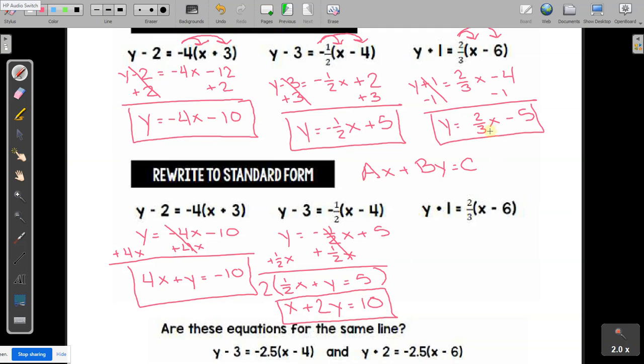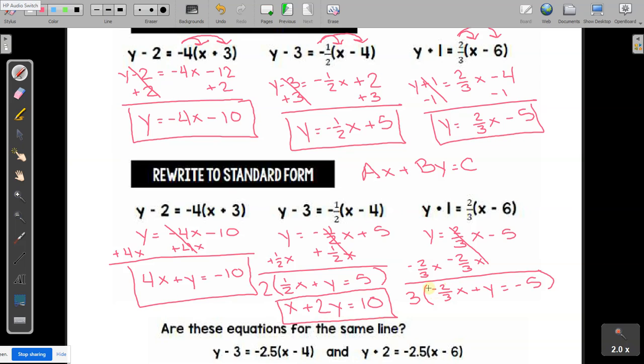Again, piggyback off of above, bring down our slope-intercept form. Now we need to rearrange it. So we're going to subtract 2/3 x from both sides. Cancels out. This negative 2/3 x plus y equaling negative 5. Now we need to get rid of the fraction. So we're going to take this whole equation and multiply it by the denominator.